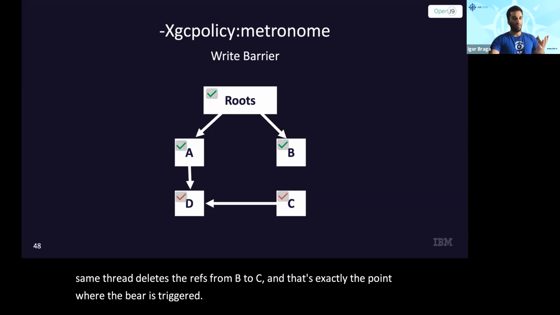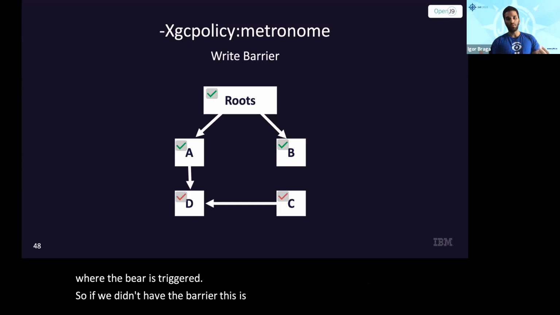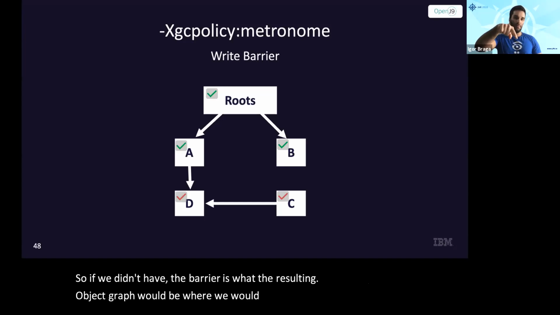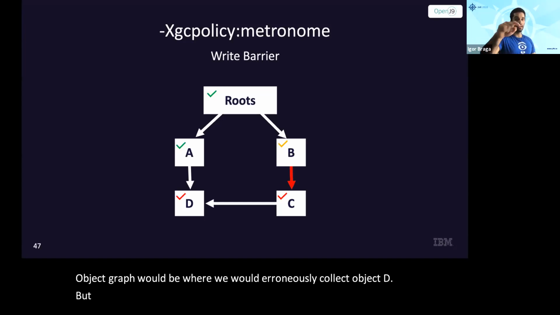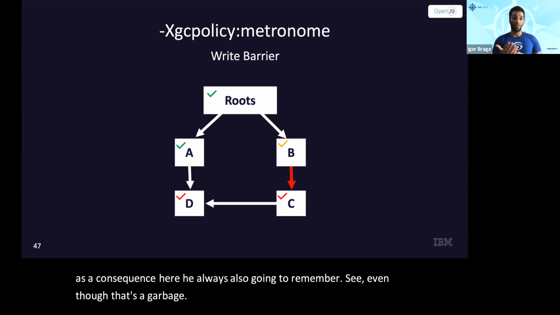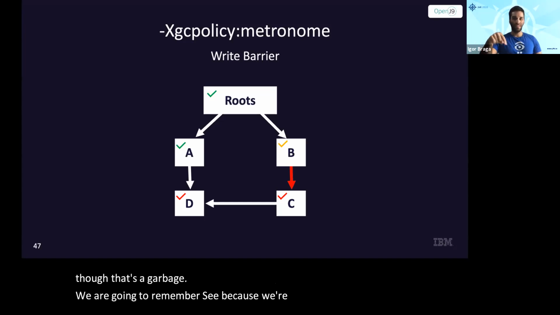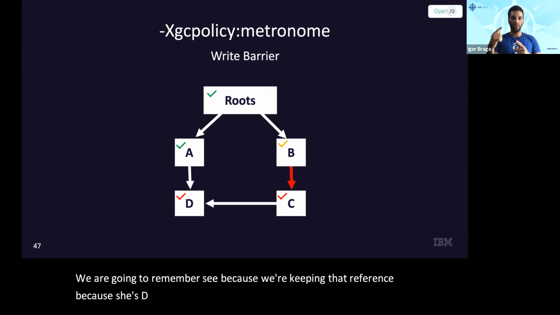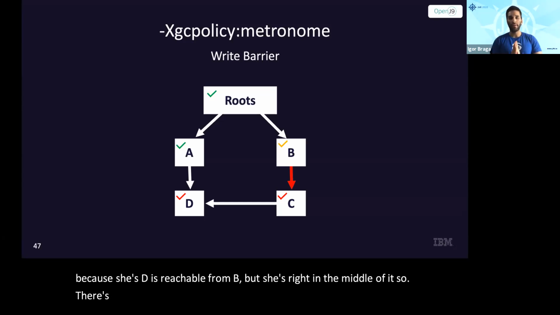If we didn't have the barrier, this is what the resulting object graph would be, where we would erroneously collect object D. But with the barrier, we're going to keep that reference and we're going to remember object D. But as a consequence, we're also going to remember C, even though that's garbage, because we're keeping that reference. D is reachable from B, but C is right in the middle of it, so there's no helping there, and we're going to have to remember C, and that's what we consider floating garbage.